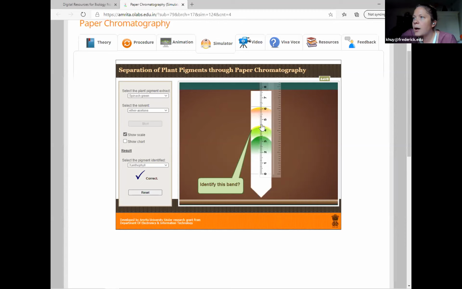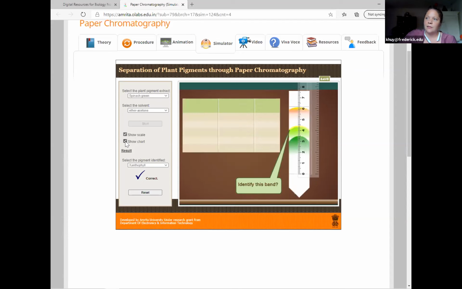Would you agree? So that would be your numerator, and you divide it by your solvent measurement here. And that's going to give you your RF factor. Now, here's the best part. Show the chart. Ta-da! There you go. Your RF values are all figured out for you.